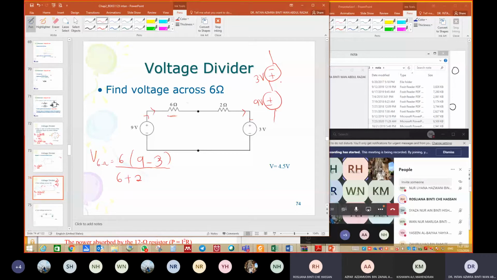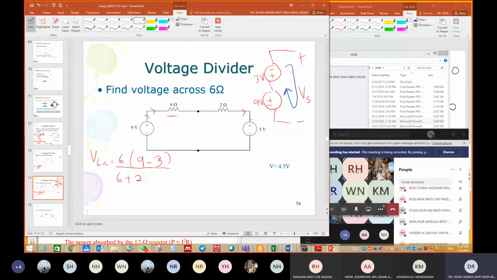So the summation of voltage here, let's say we want to find the voltage source. This is minus Vs. This is positive Vs. Now we apply KVL to find the voltage source.